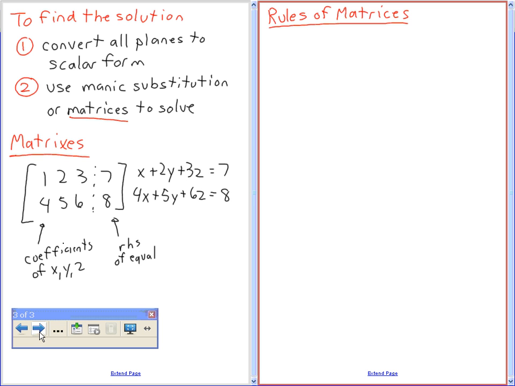Let's do it. Okay, so here we go, row operations. Number one: any row can be multiplied or divided by a non-zero constant.